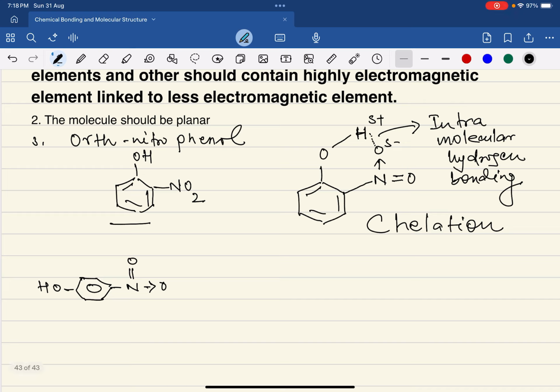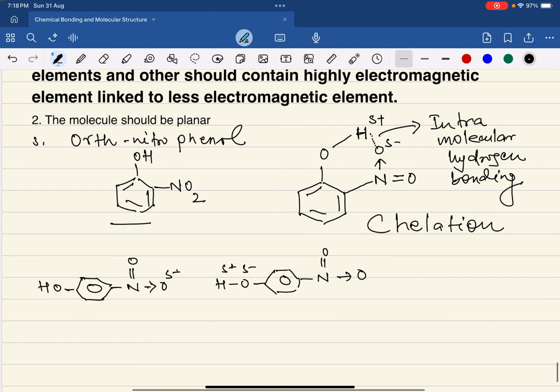So, paranitrophenol forms intermolecular hydrogen bonding because the para position is more symmetrical. So, a large number of molecules are associated in this case. Oxygen acquires partial negative, hydrogen acquires partial positive, and a large number of molecules are associated.